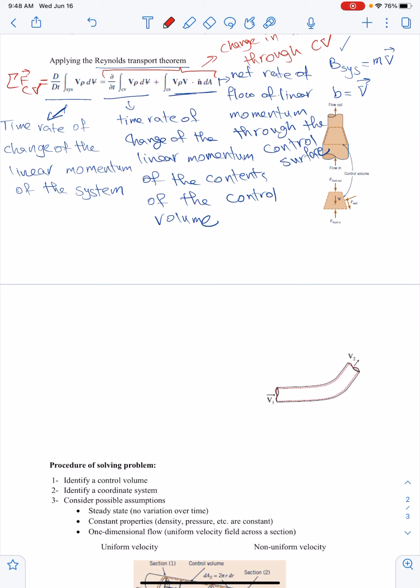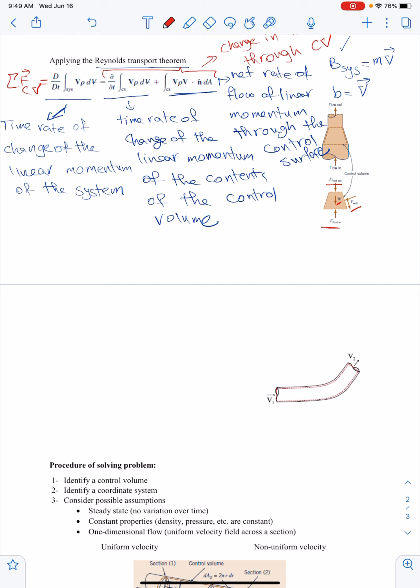We have weight here, which is our body force. We have these two forces here, which are the surface forces, and also we have this wall effect right here.